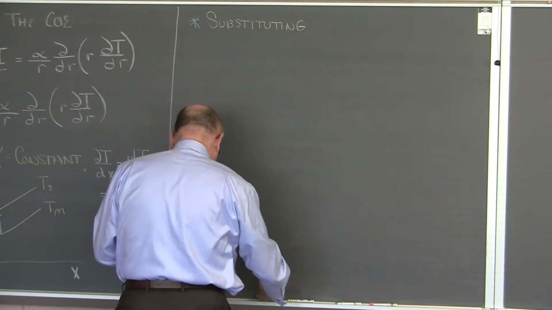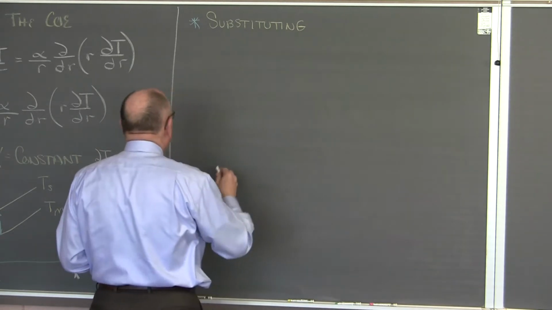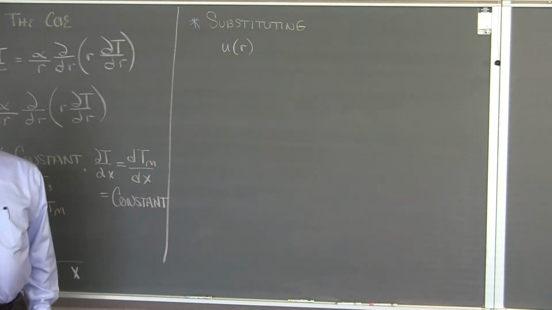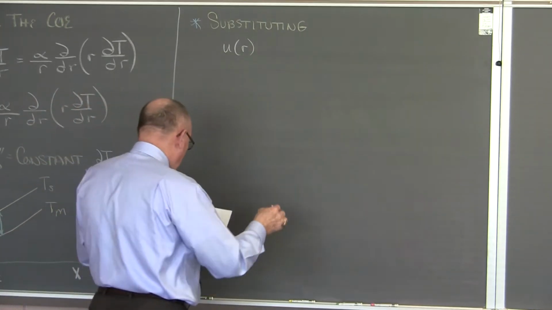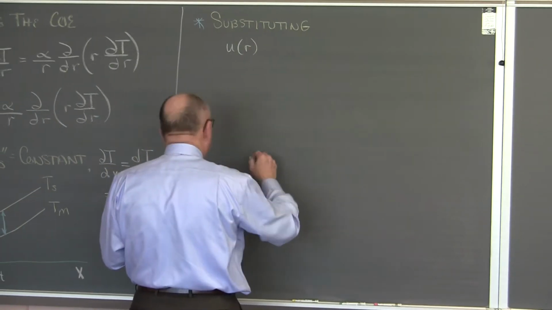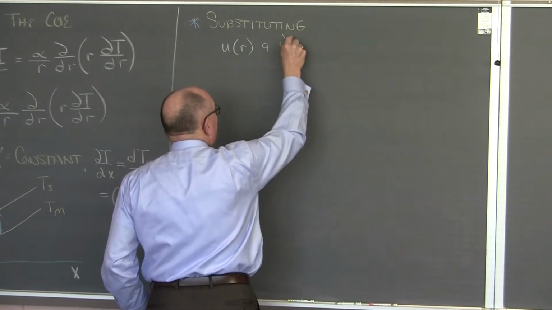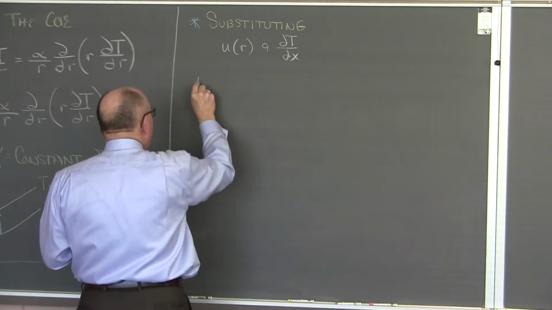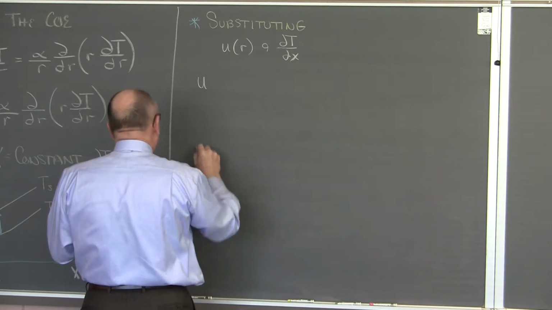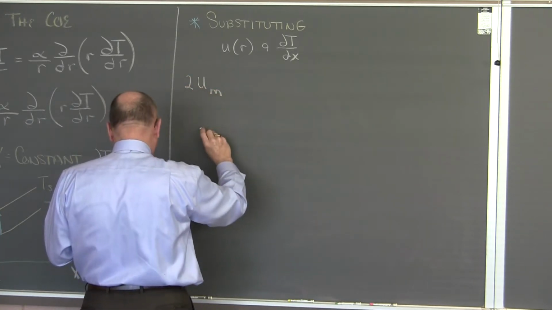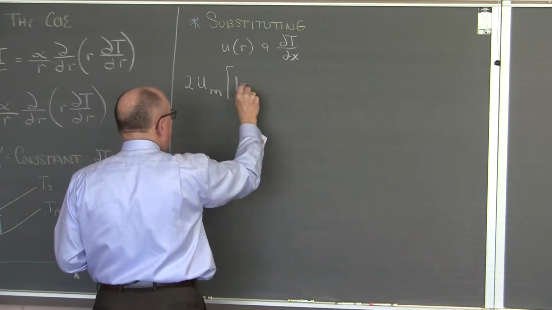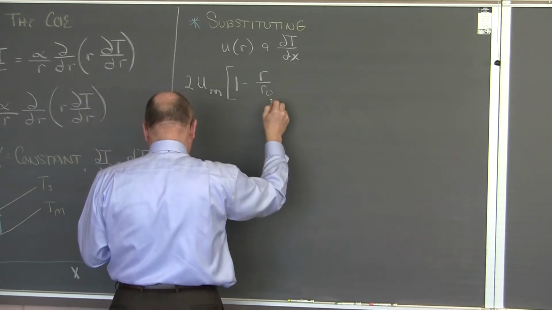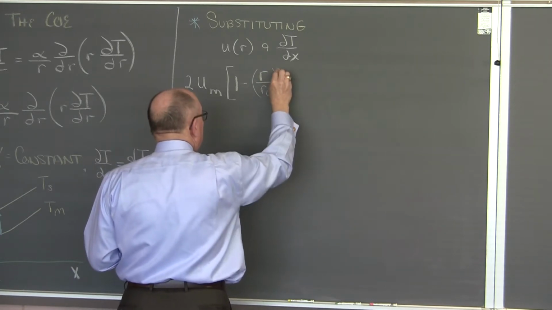And we get the following result. We're going to substitute for u of r from last time's class, as well as for the partial of T with respect to x. And we're going to get the following result: u_m times the quantity 1 minus r over r sub 0, that quantity squared.